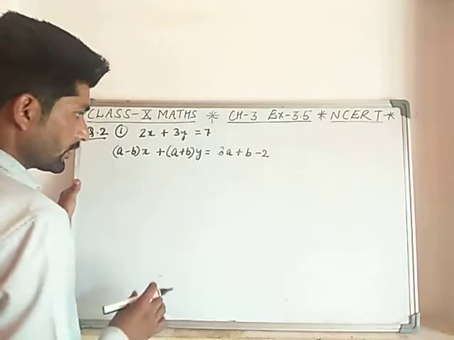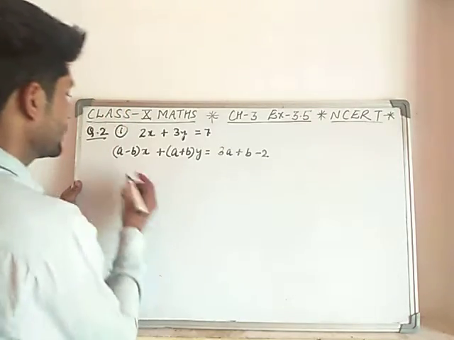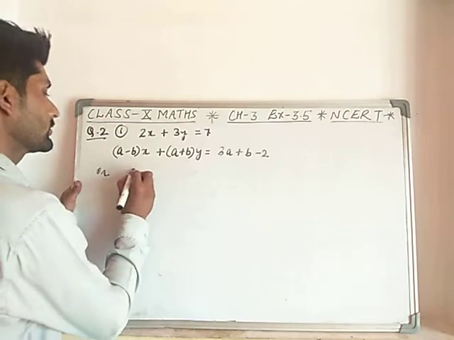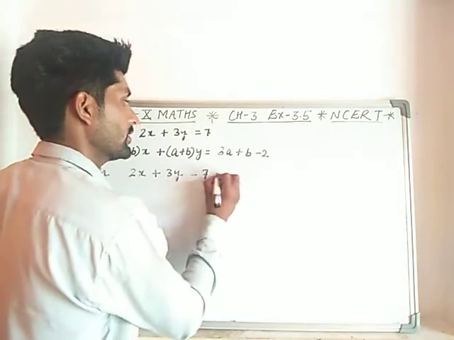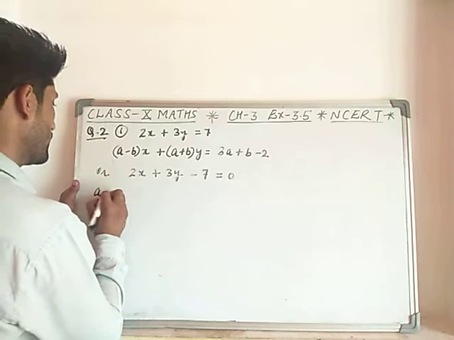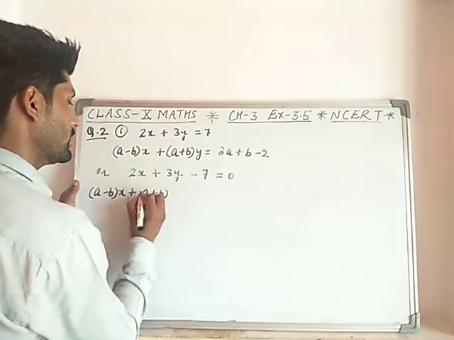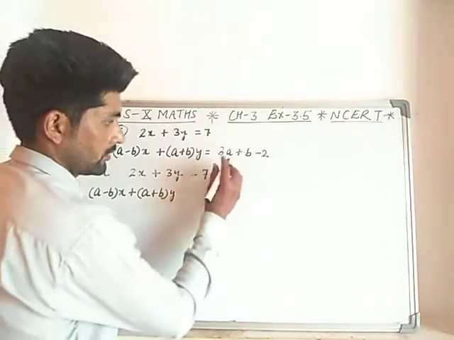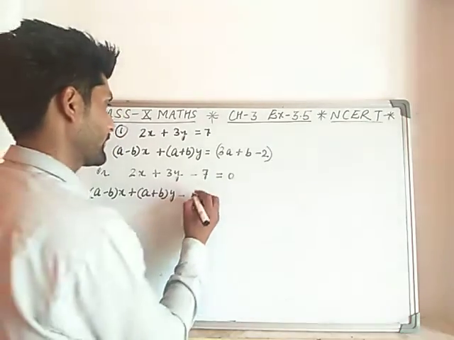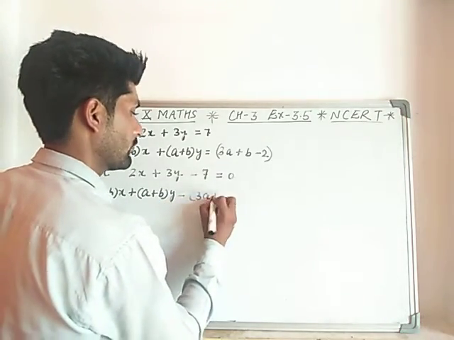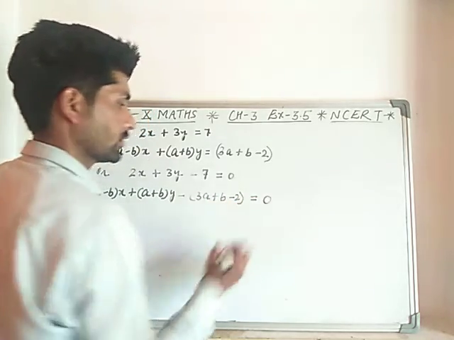Now first of all we will bring the 7 and the 3a plus b minus 2 to this side, so we can write them as 2x plus 3y minus 7 is equal to 0, and (a minus b)x plus (a plus b)y minus (3a plus b minus 2) is equal to 0. All of this comes to this side, the sign changes to minus.